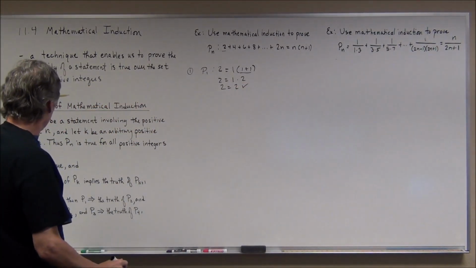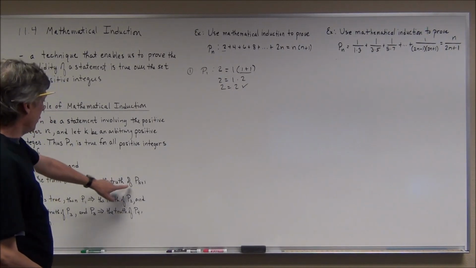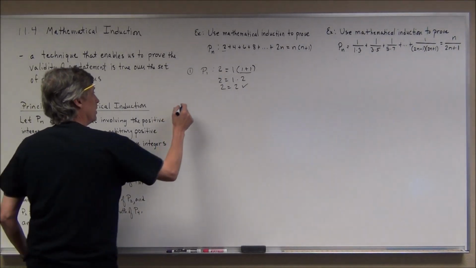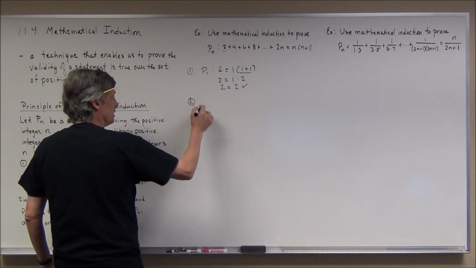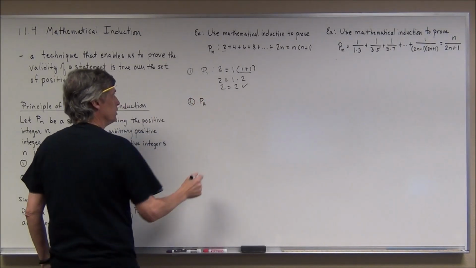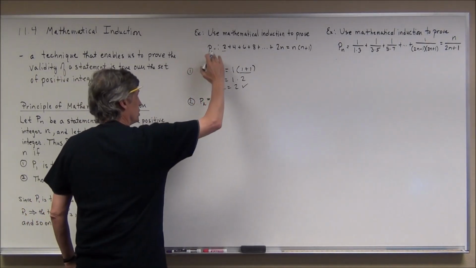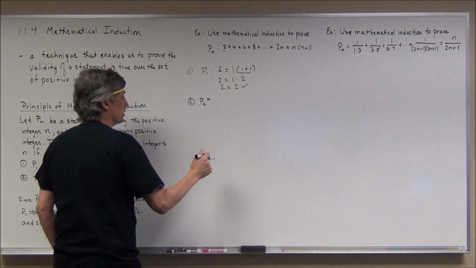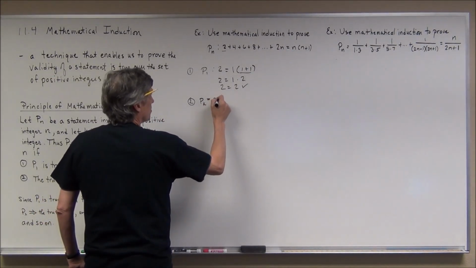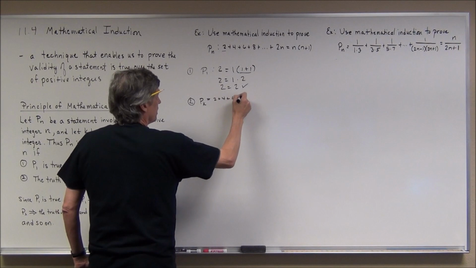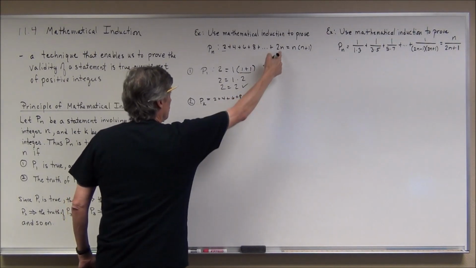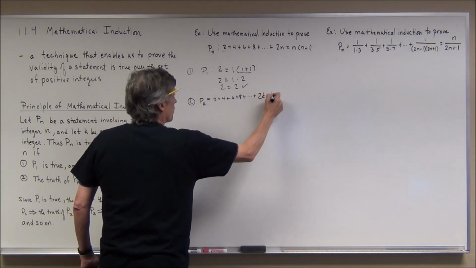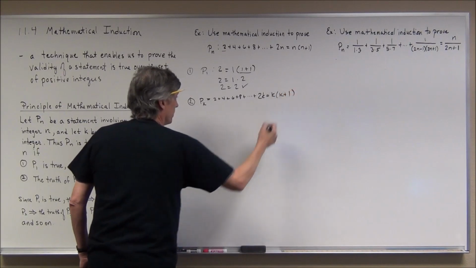Now we'll go to, over here, that p sub k implies the truth of p sub k plus 1. What that means in fancy talk is that p sub k is assumed to be true here. Now p sub k, I'm going to just write this out, except I'm going to replace the n's with the k's, and I'd have 2 plus 4 plus 6 plus 8 plus dot dot dot plus 2k, and that would equal k times the quantity k plus 1.